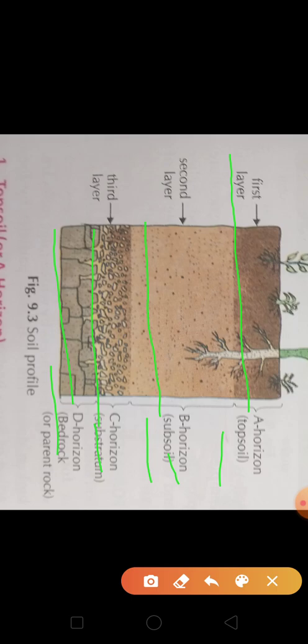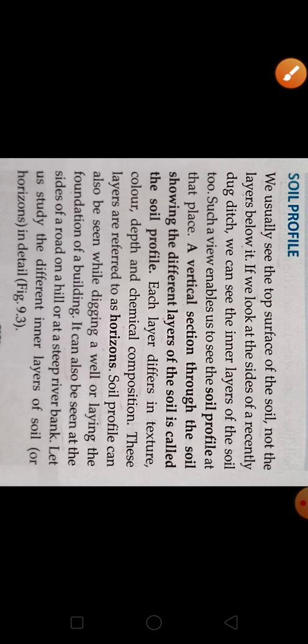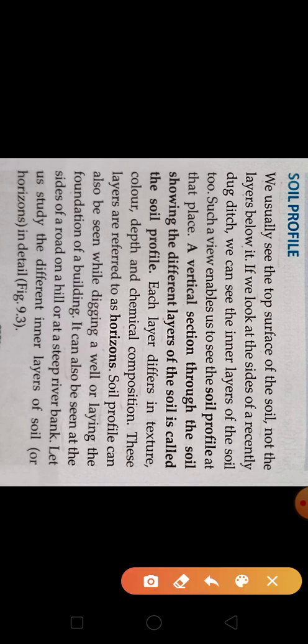These rocks are called the D horizon. So the different layers of soil together are called the soil profile. See here, in this soil profile, a vertical section through the soil showing the different layers of soil is called soil profile.